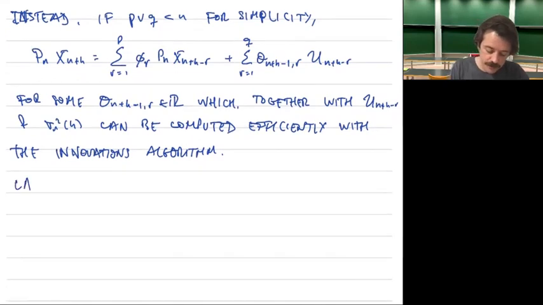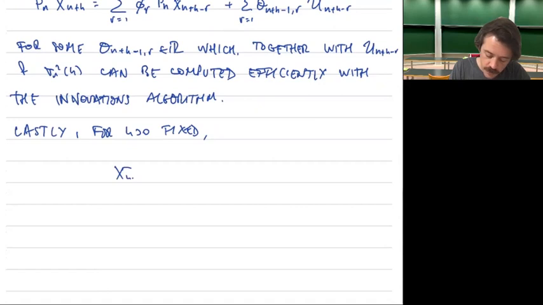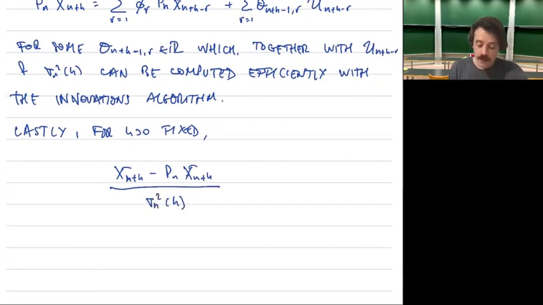So lastly, for h greater than 0 fixed, we have that the difference between this random variable and its predicted value, in whatever way we get it, say with the innovations algorithm, divided, normalized by the standard deviation, not the variance, is going to converge in distribution as n goes to infinity to a standard normal distribution.